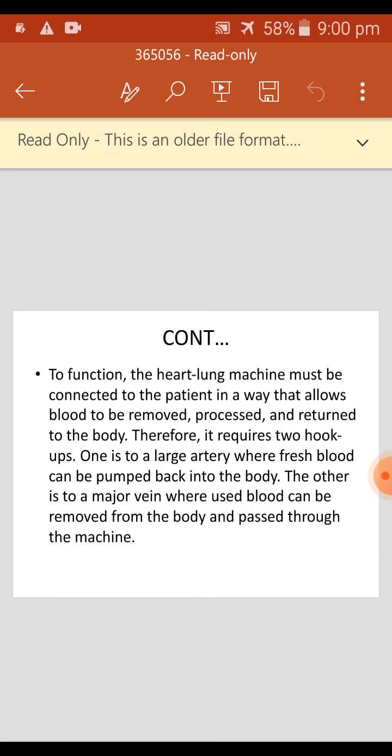First one, arterial cannulae are used to return the oxygenated blood to the systemic circulation of the patient. The aorta ascendens is the most frequently used site. The type and size of the selected cannulae depend on both the required blood flow and the anatomic condition.